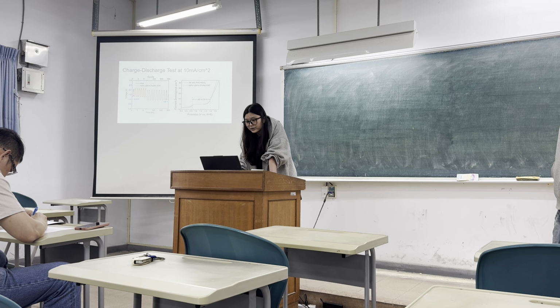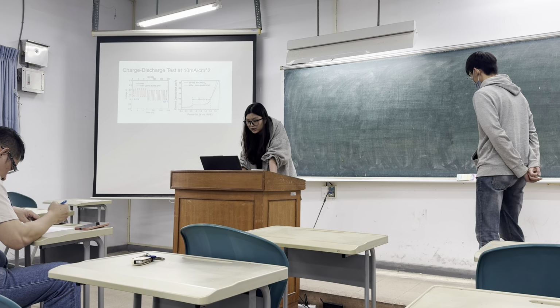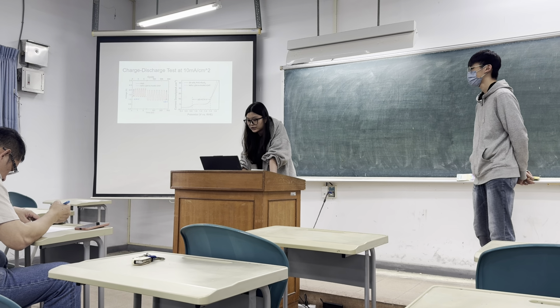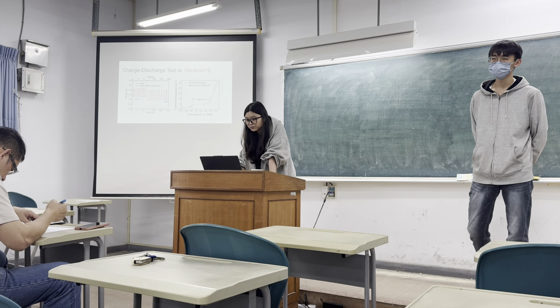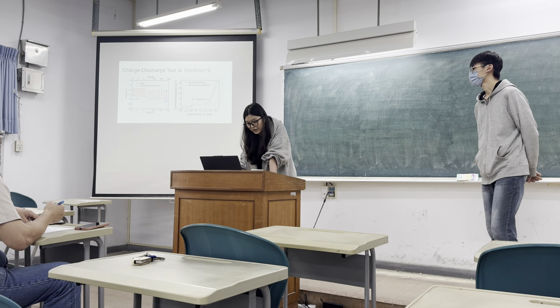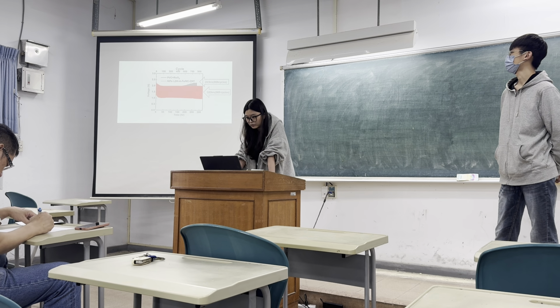And the voltage gap is 0.74 volts, which is matched to the potential difference from the previous ORR and OER LSV results shown at the right-hand side figure. So they're matched. And this is the long-term test result.